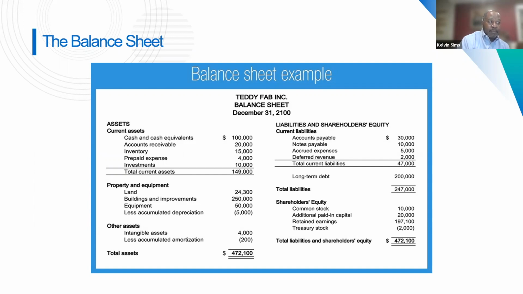Again, from a current standpoint, those things that are readily available, so our cash, our accounts receivable, our inventory, any prepaid expenses. Prepaid expenses are things like software that you're going to be using and you pay $1,000 for the software. Every year you're going to have to renew that software.